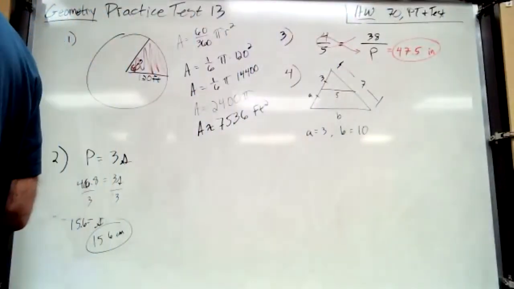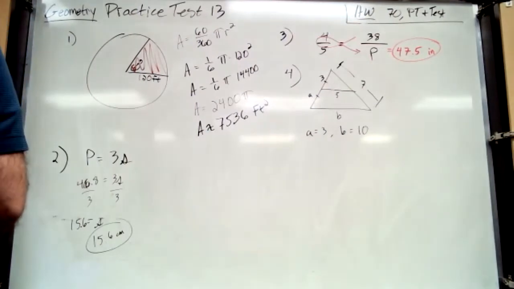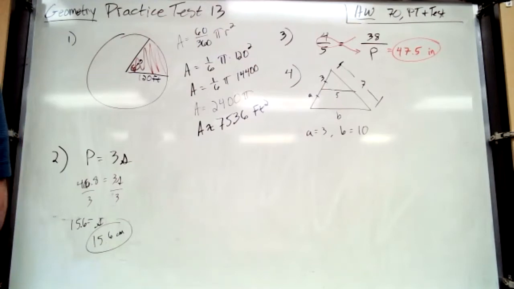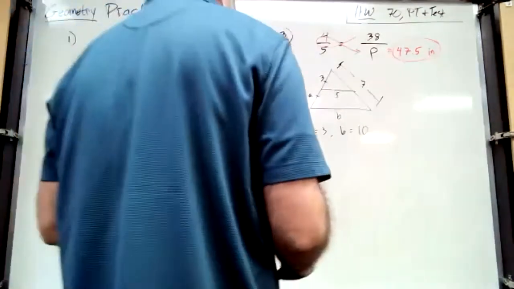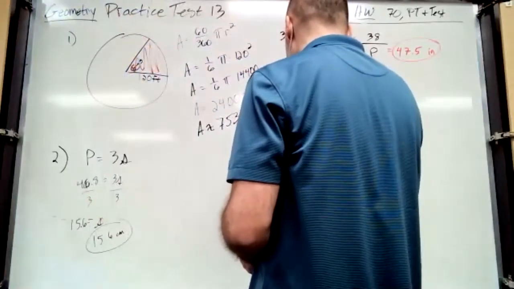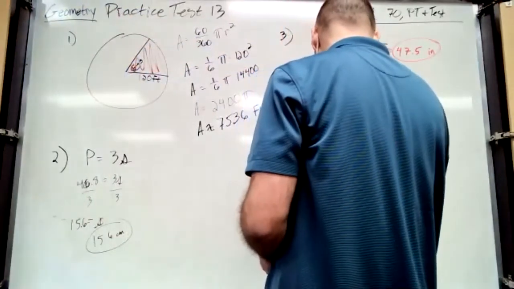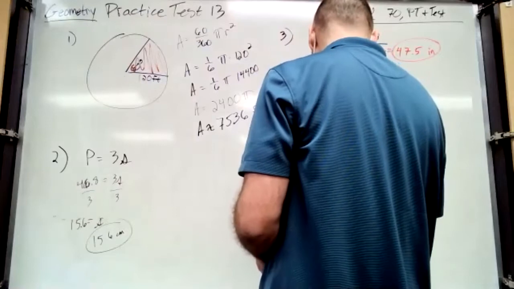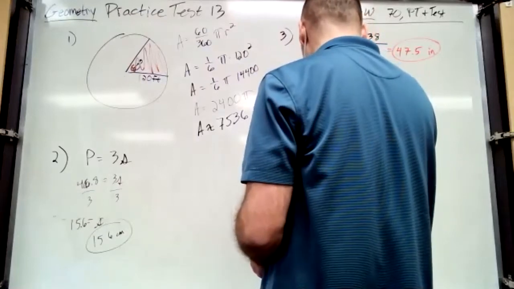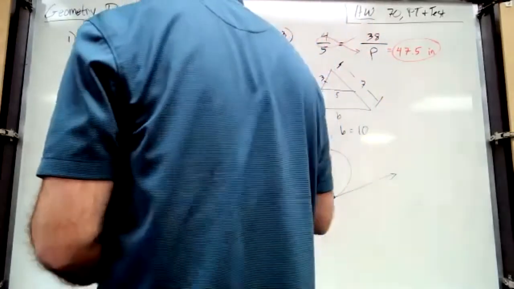Okay? Number 5. Find this measure. Okay, so this is basically an inscribed angle, but it's a tangent line. So how do you find the measure of an inscribed angle?